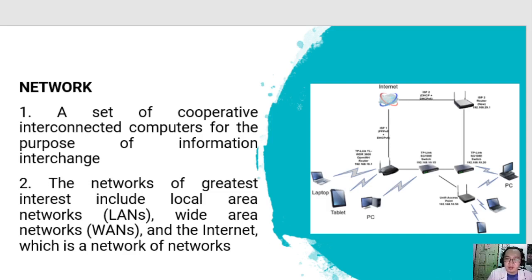WANs, or wide area networks, support geographically dispersed facilities. For example, a chain of fast food, a chain of groceries, a chain of marts, and we're talking about maybe hundreds of computers which are geographically distributed.